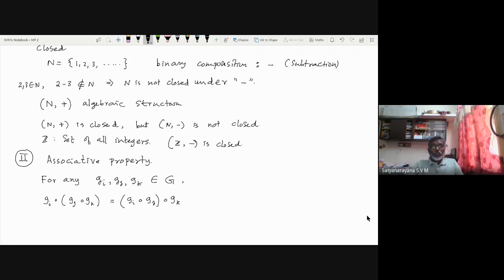That means, this essentially means order of composing is not important. You can compose first these two or first these two, doesn't matter. You get the same result. Okay, so this is the property called associative property.